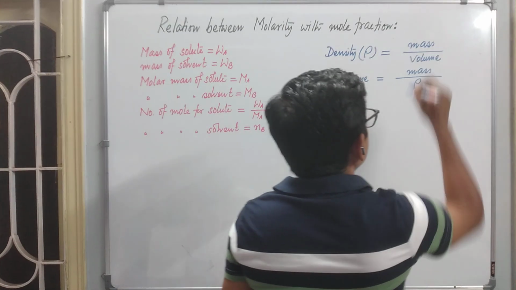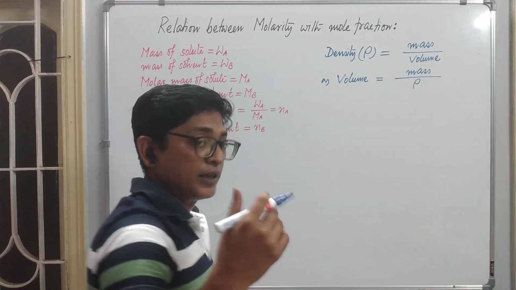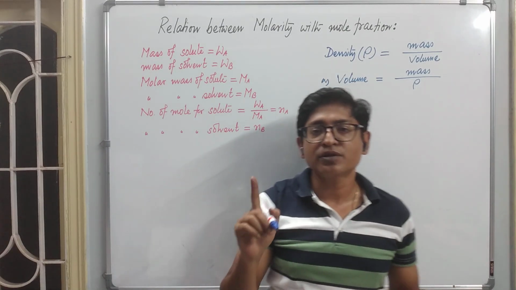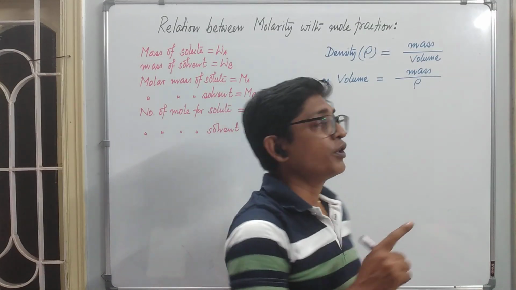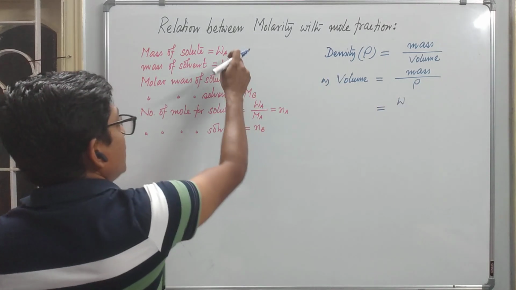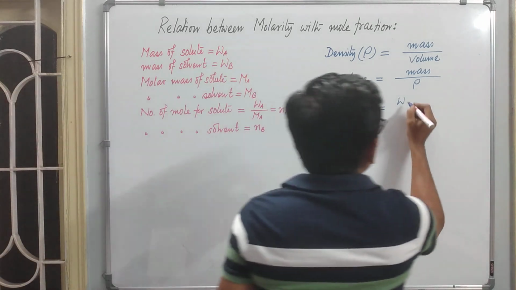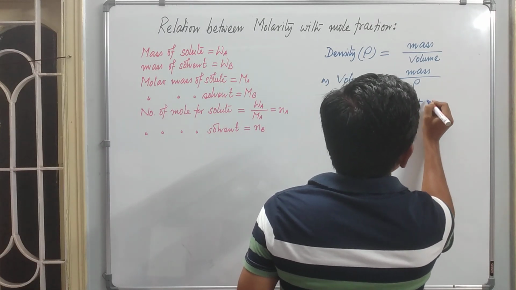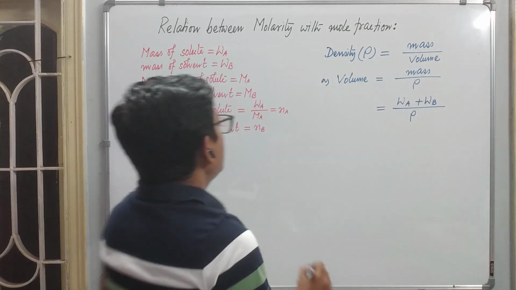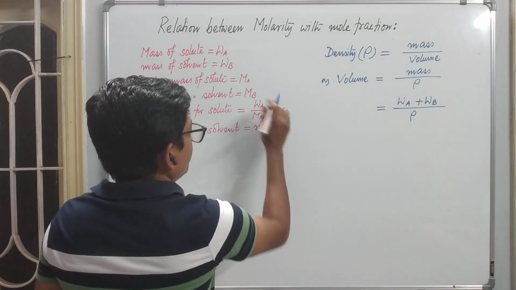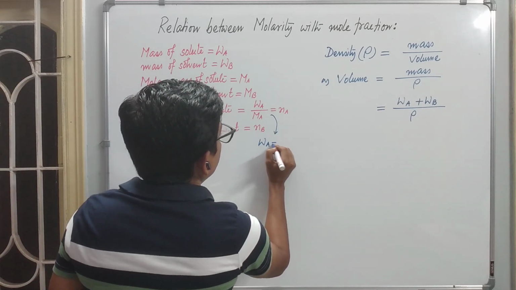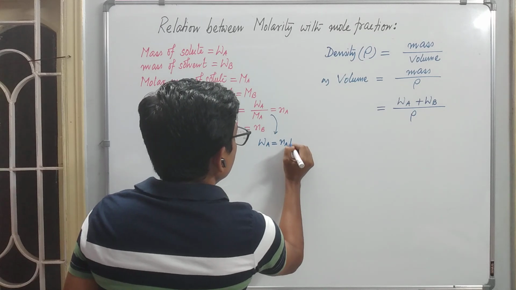So how can we get the value of the mass for a given solution of a definite volume? Mass means the mass of solute plus solvent. So I will write it simply as WA plus WB divided by rho. Now you see one thing: WA is nothing but number of moles into molar mass.